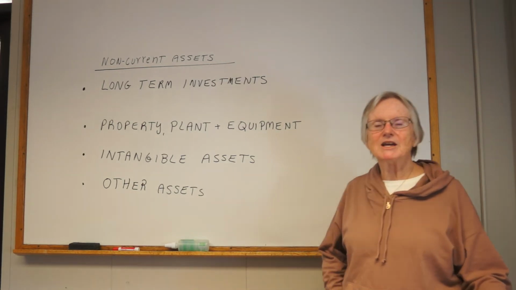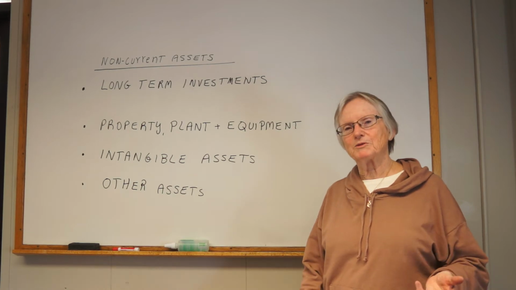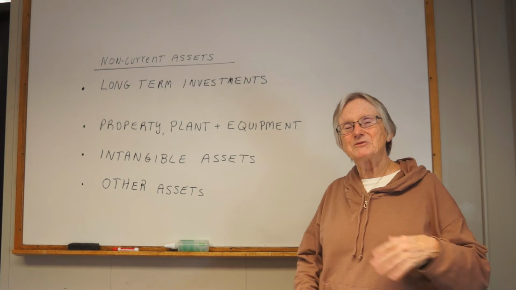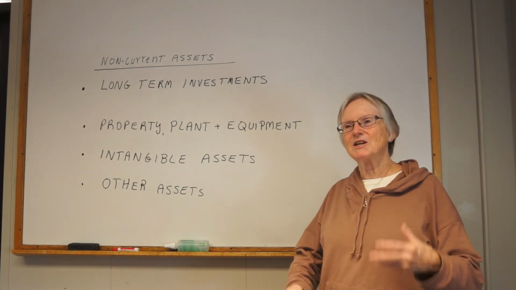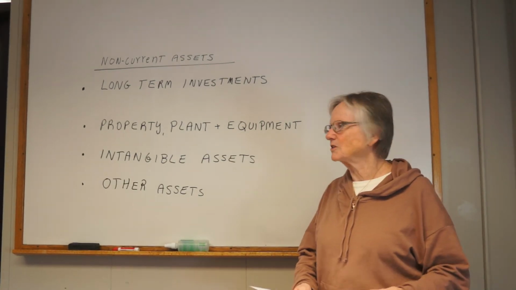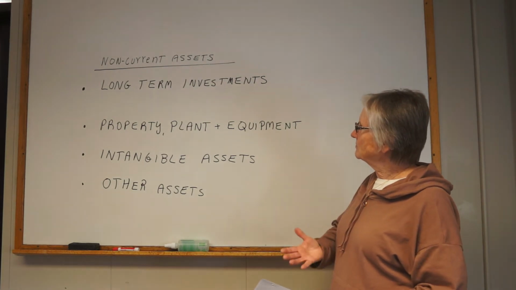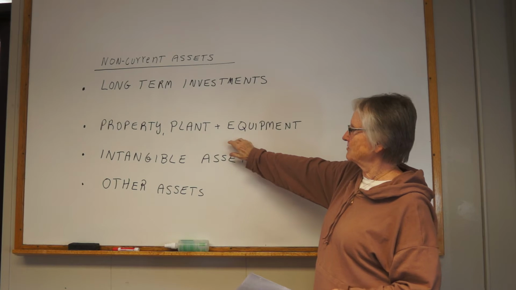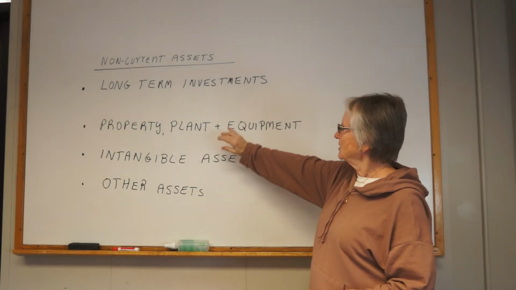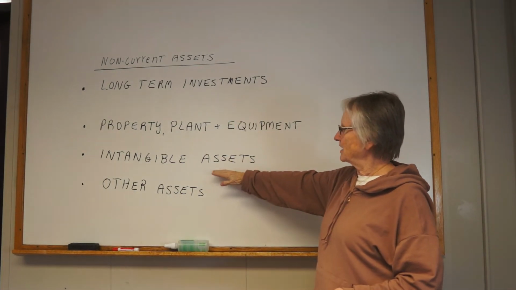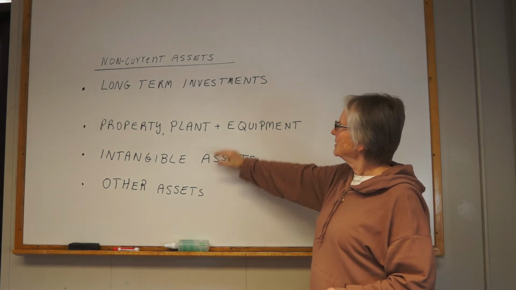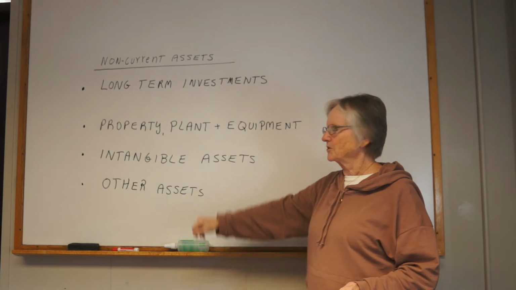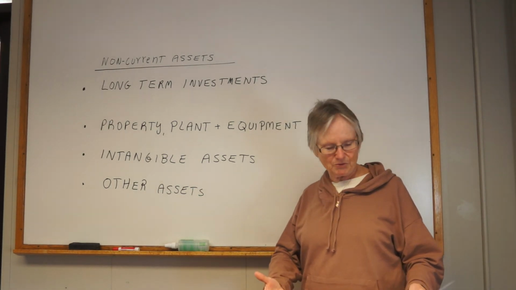One thing to keep in mind as you're classifying is the overall purpose. These classifications exist for a reason. If it's property, plant, and equipment, by definition we're using that in the operations. Other intangible assets, we're using those in the operations. The long-term investments and other assets are not directly related to the operations.